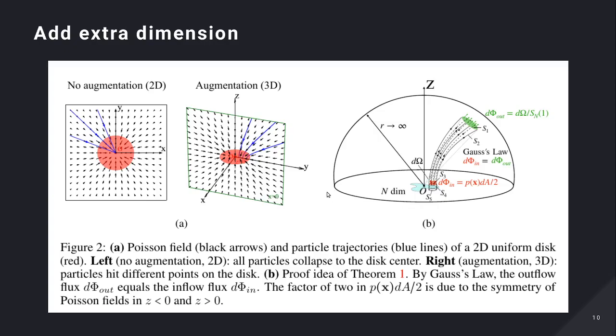Because we only need to care about landing on a single plane, we can just start from one half of the sphere. So that's why we only look at a hemisphere, and they have a short proof, which is not super insightful, about why, when you start from a uniform distribution on this infinitely sized sphere, the distribution when you hit the plane is exactly the distribution you started with.